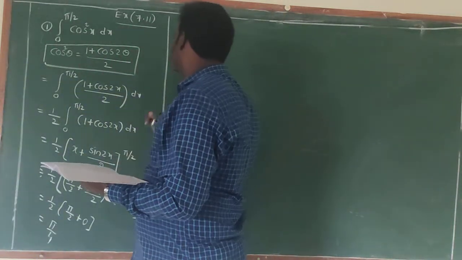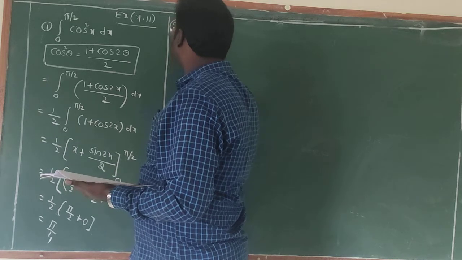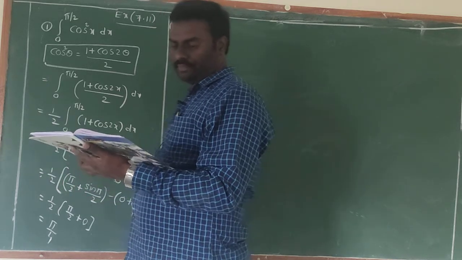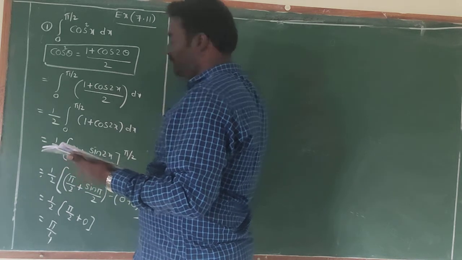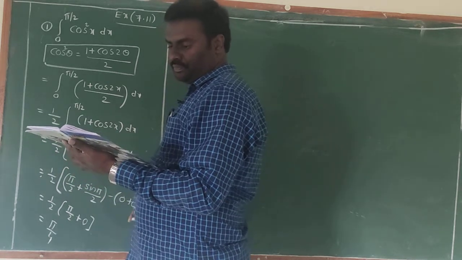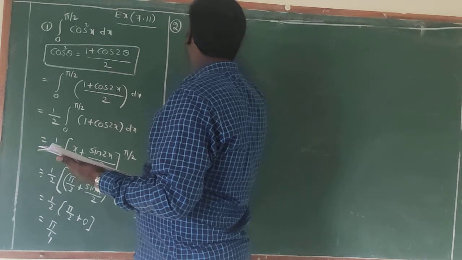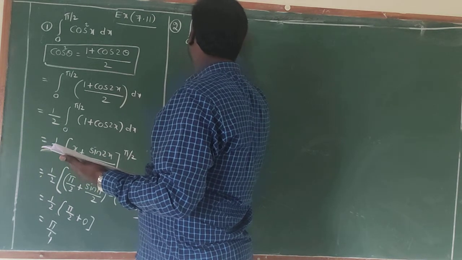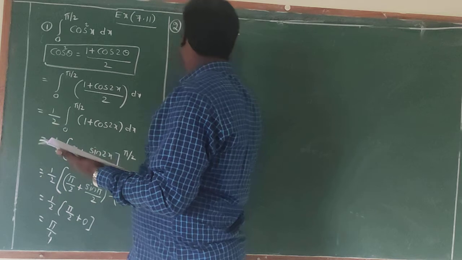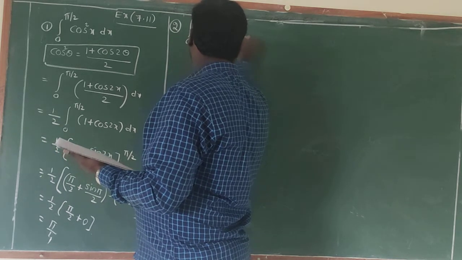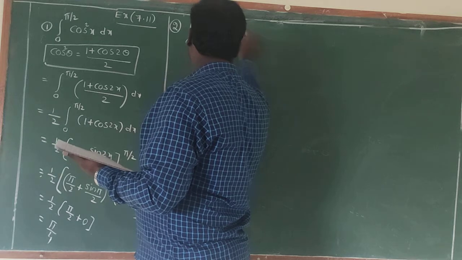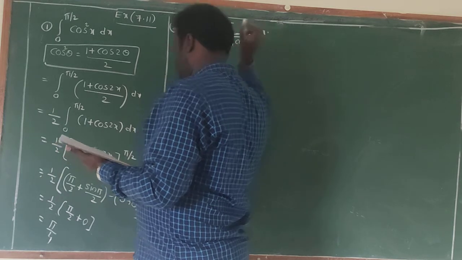Coming to the second question. Evaluate the integral from 0 to pi by 2 of root sin x by root sin x plus root cos x dx.